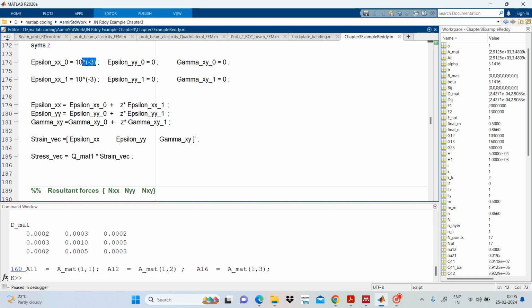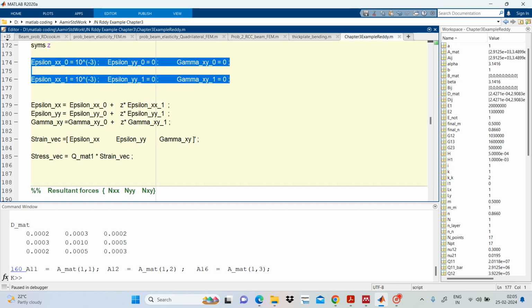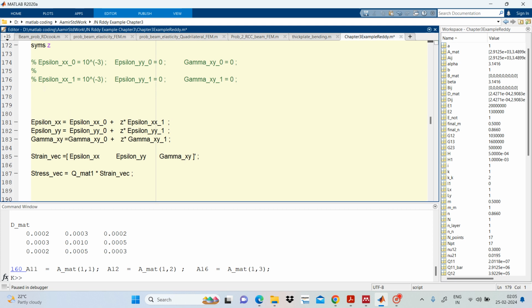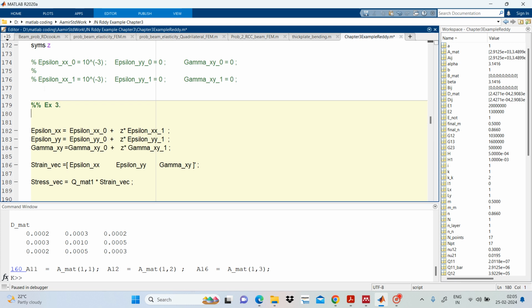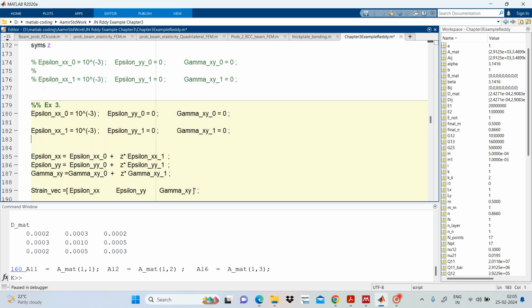For the previous example we can just comment it out, and for the next example, example 3, we can write the new strain values.